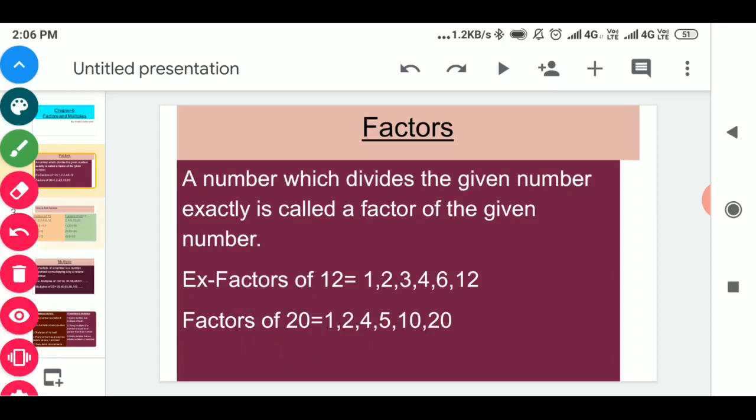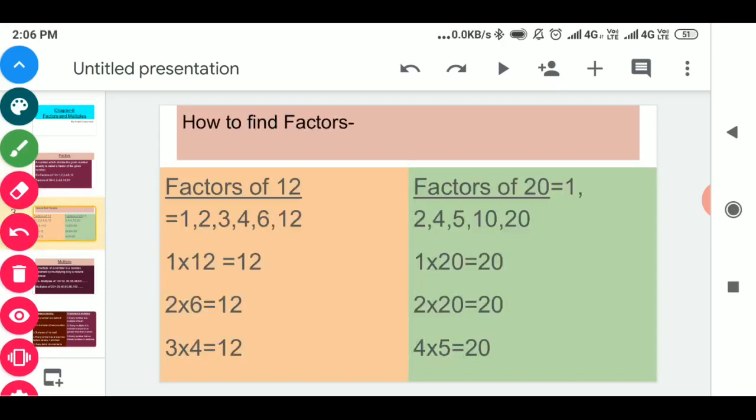Now let us see how to find factors. To make it easier, let me tell you how to find the factors, taking the example of the factors of 12. First of all, choose the number 1. When you multiply 1 by 12, you get 12.